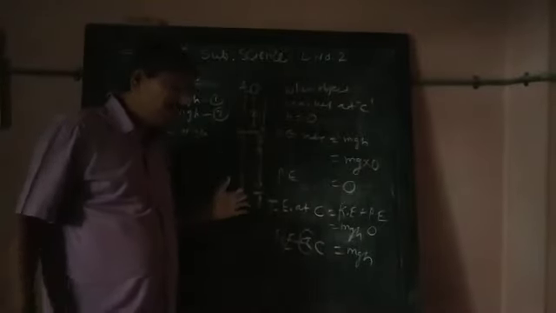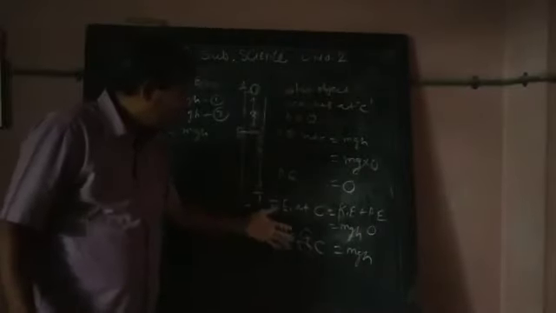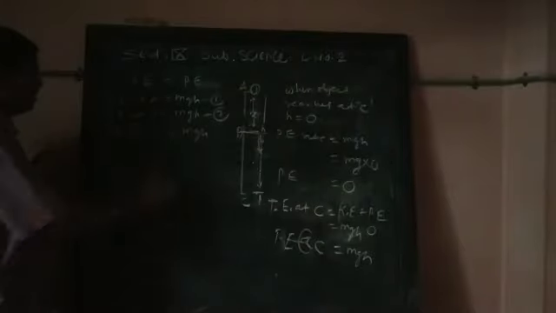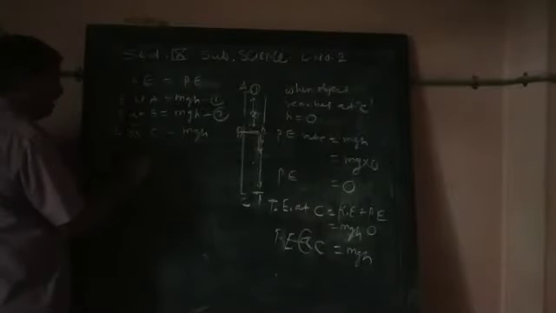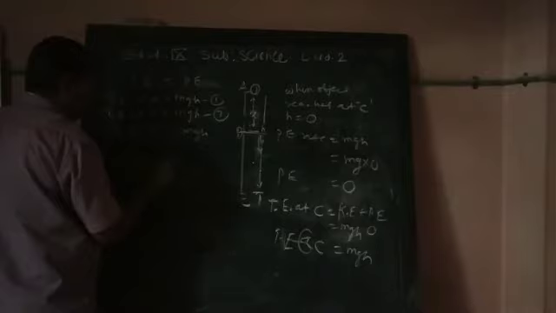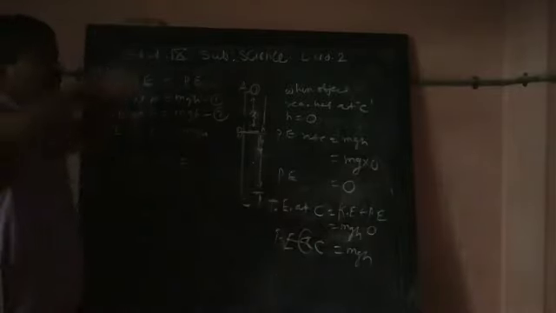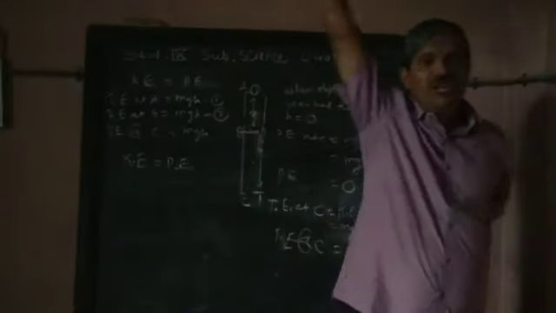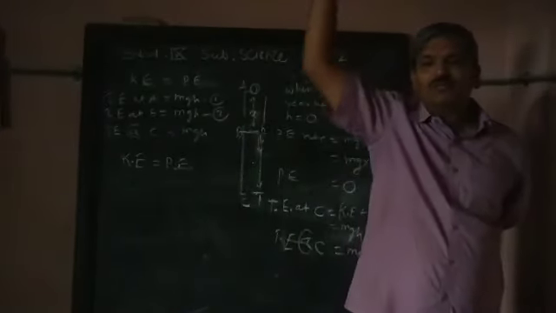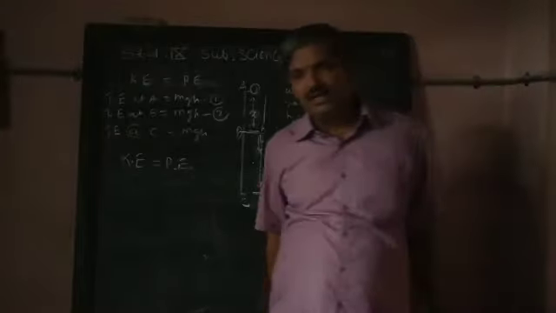And when it reached the ground, then also its total energy is mgh. So from this we can prove that when any object is freely falling down, its potential energy is always equal to its kinetic energy.